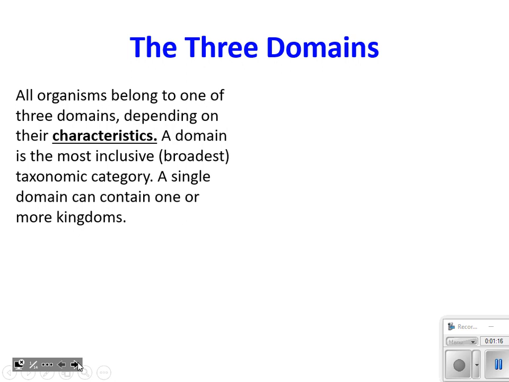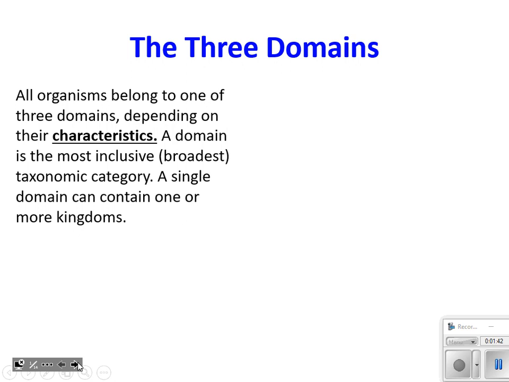A domain is the most inclusive taxonomic category, okay? So it is the broadest category. A single domain can have one or more kingdoms, okay? So this domain is the broadest of all categories.